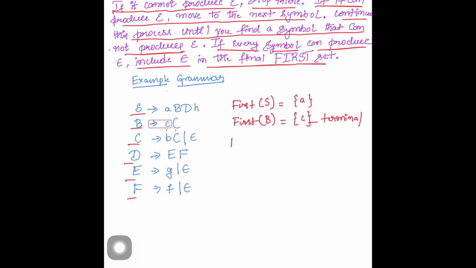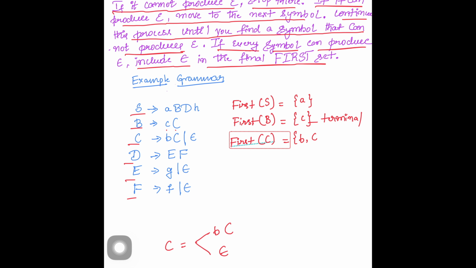C has two productions. The first production starts with the terminal B, so we include B. The second production is epsilon, so we also include epsilon. So first of C equals B comma epsilon.